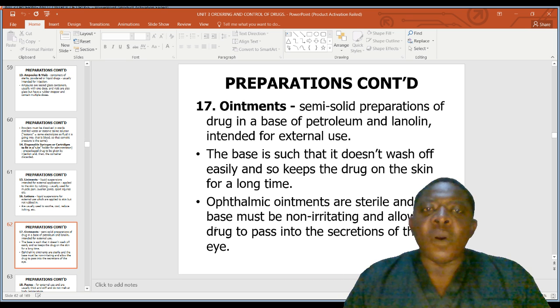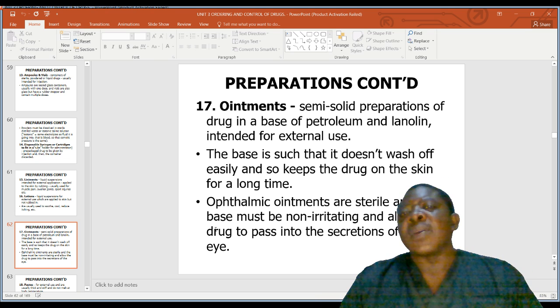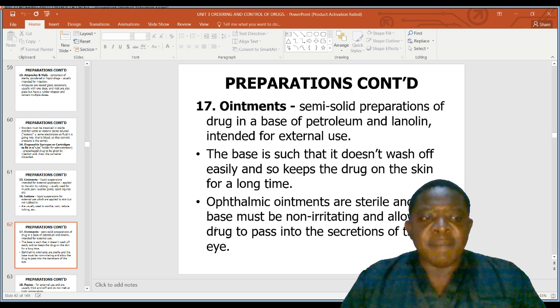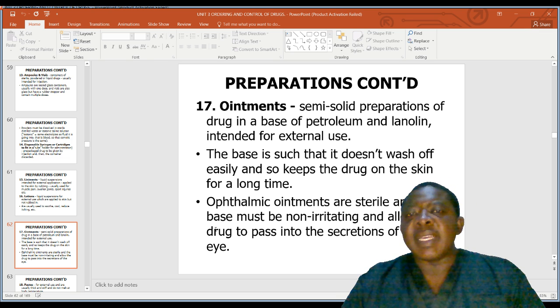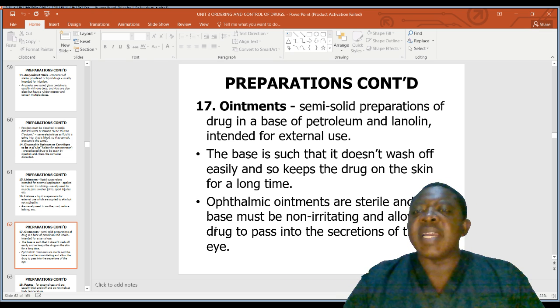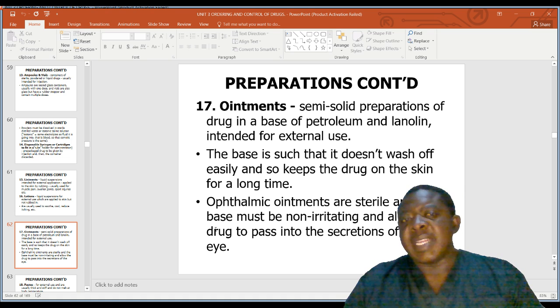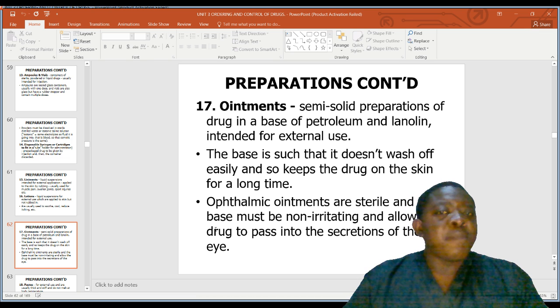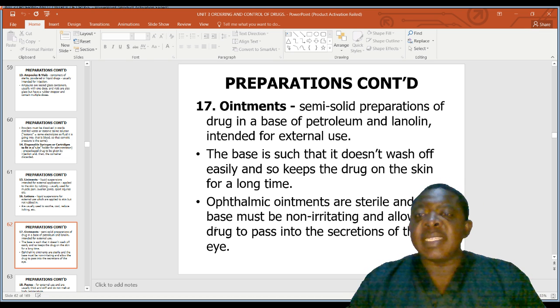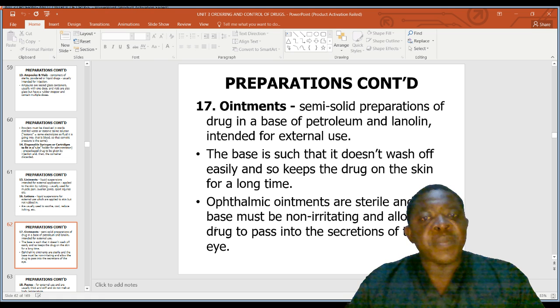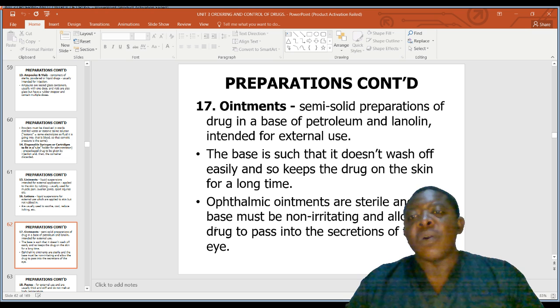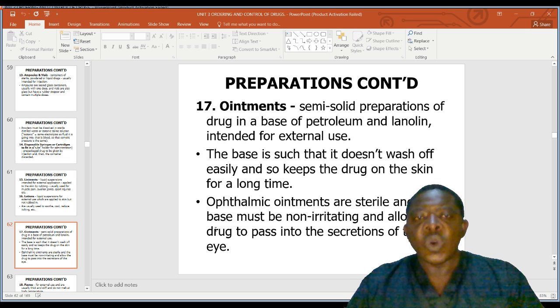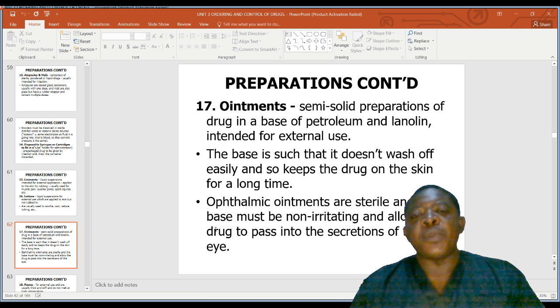Then we have ointment preparations. These are semi-solid preparations of drug in a base of petroleum and lanolin, intended for external use. The base is such that it doesn't wash off easily and so keeps the drug on the skin for a long time, like Vaseline ointment.